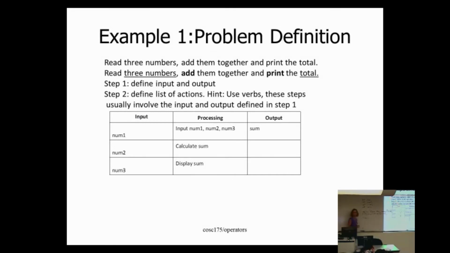Sum equals num1 plus num2 plus num3. To display the sum, I say cout. I could do it a couple different ways. If I just want to say sum is, what about if I would like to echo the input?